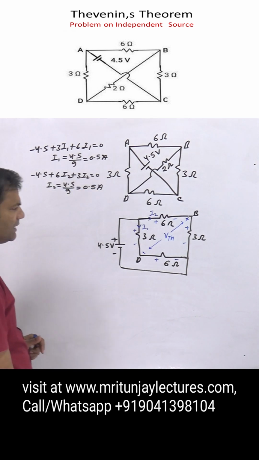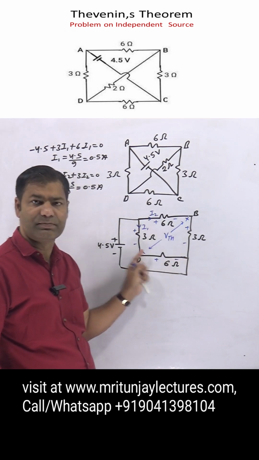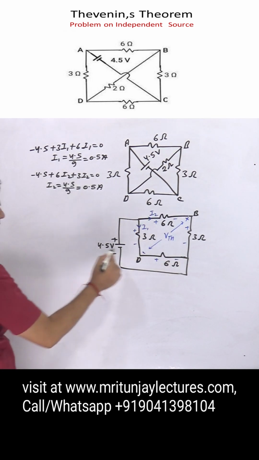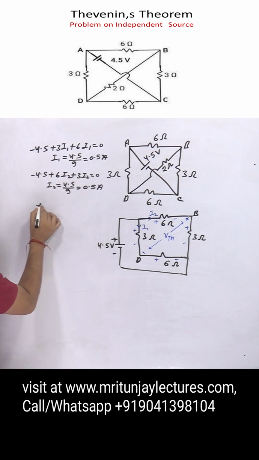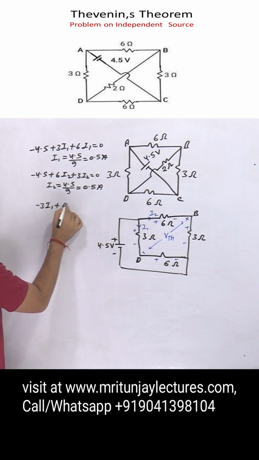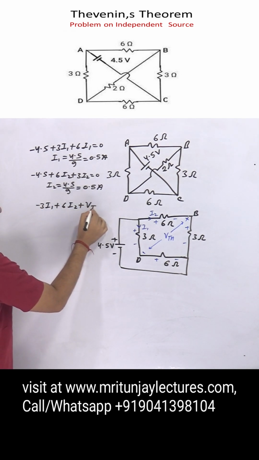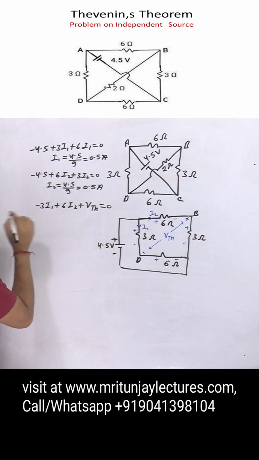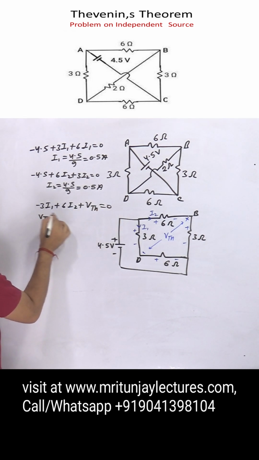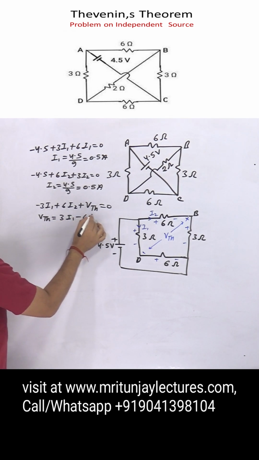Clear or not? Now apply KVL in this loop. After that, minus 2 minus 3I1 plus 6I2 plus VTH is equal to 0. So VTH is written as 3I1 minus 6I2.